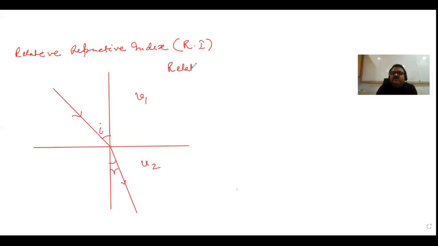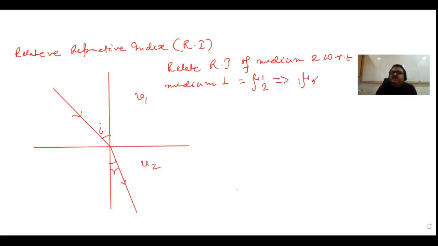Relative refractive index of medium 2 with respect to medium 1 is equal to, look at this denotation, mu 1 2, or sometimes like this.